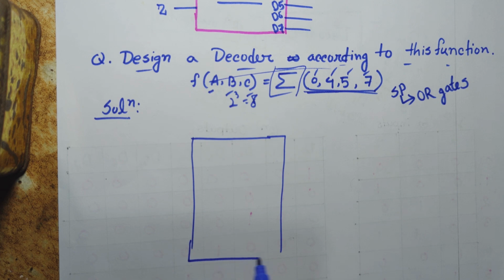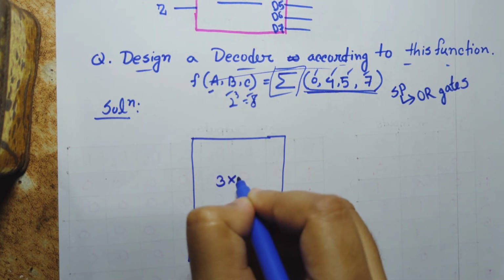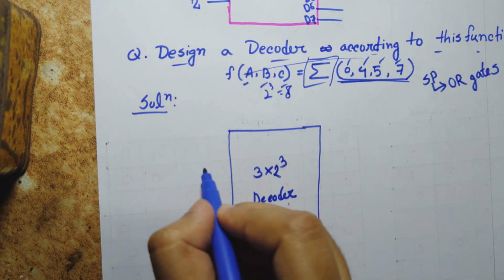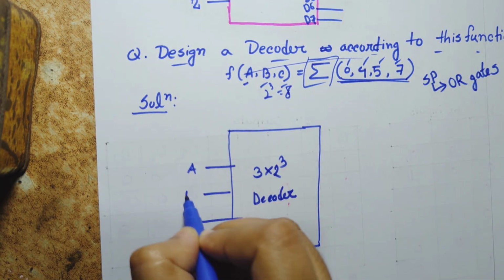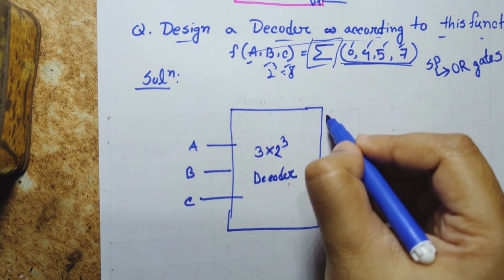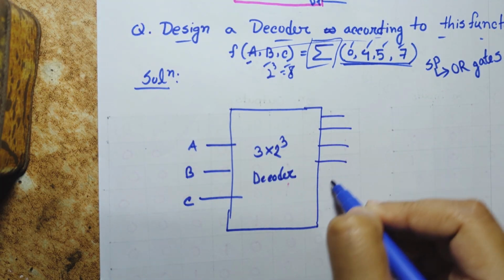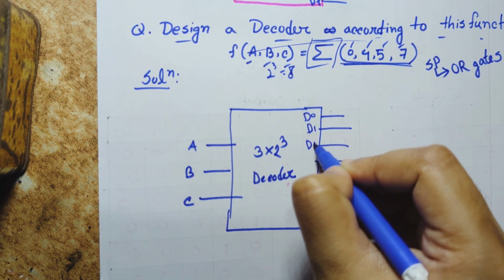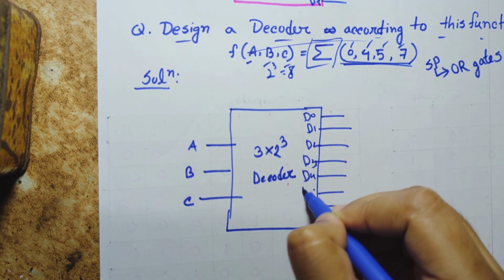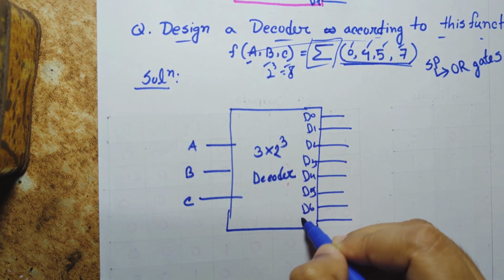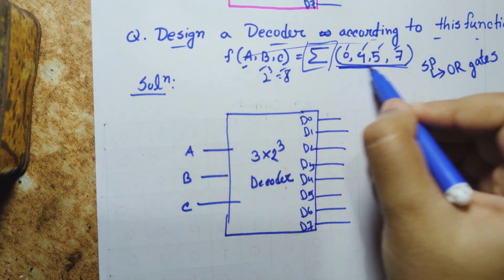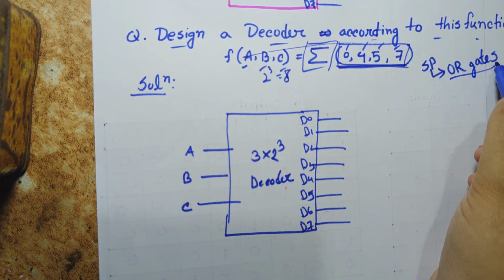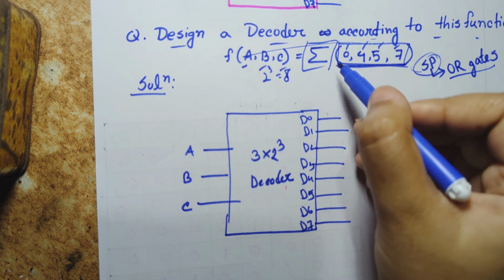Suppose this is the 3 into 2 to the power 3 decoder. Here the input lines will be 3, A, B and C, and we will get 8 output lines, 1, 2, 3, 4, 5, 6, 7, 8, which are D0, D1, D2, D3, D4, D5, D6 and D7. Then the function says these 4 output lines go into an OR gate and we get this SP form.